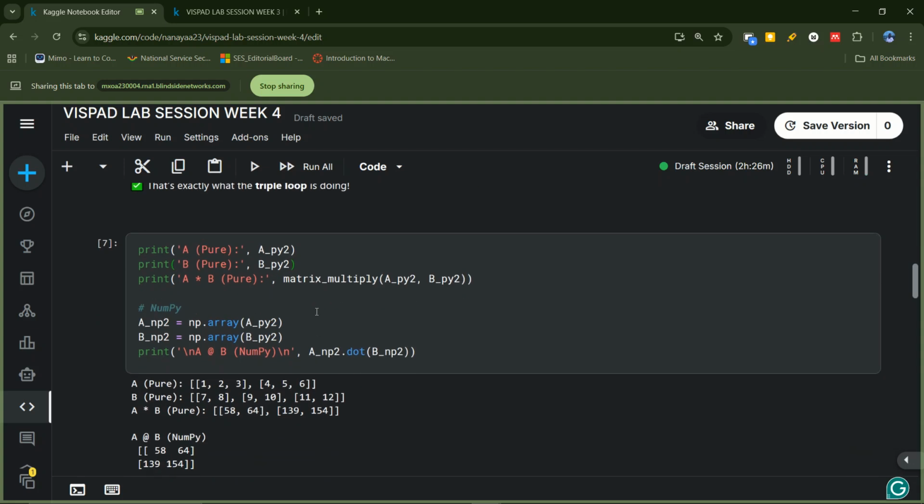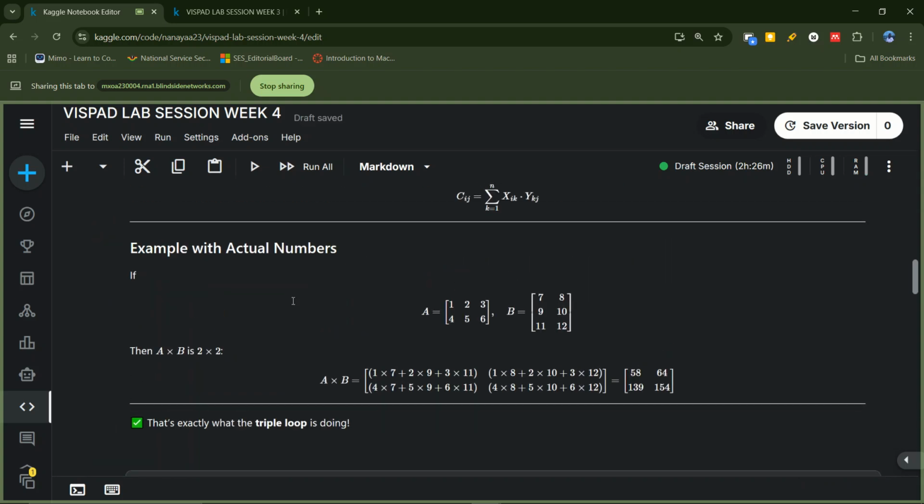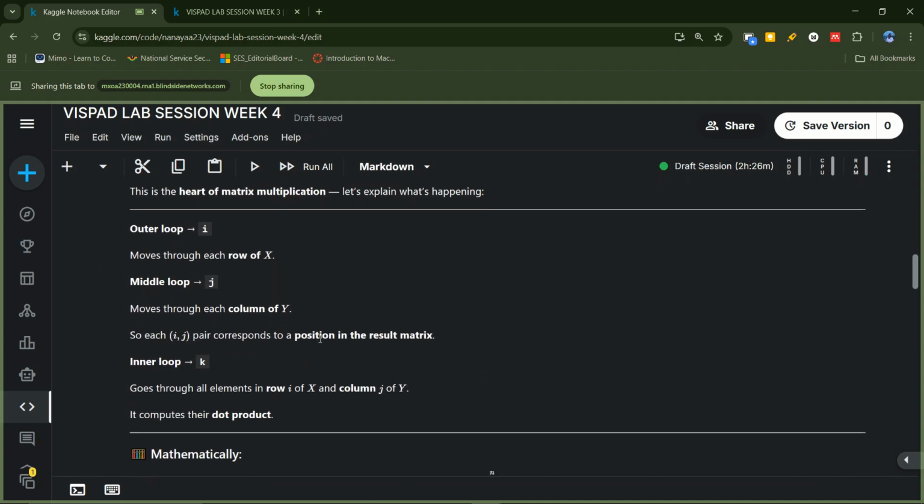So this is NumPy. NumPy is literally trying to do the same. This is one of the reasons why people like using NumPy. When we're doing pure Python code, we have to type all of this to define a function.